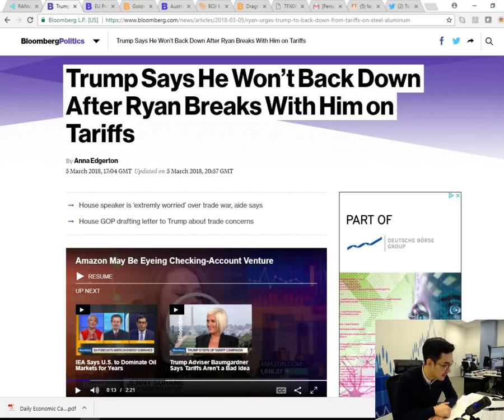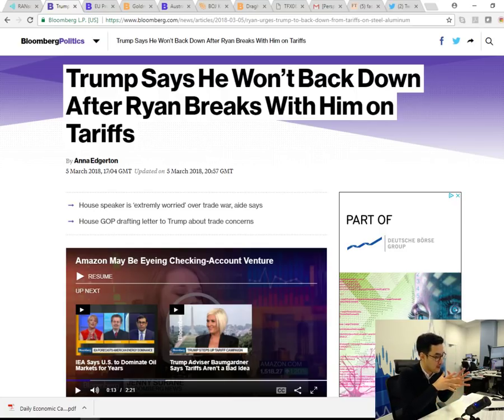Conservative groups, including the Club for Growth, which is a pro-free market organisation, no surprises there, have cautioned that the tariffs would hurt the economy and the Republican chances to hold on to both chambers of Congress later this year in the midterms.